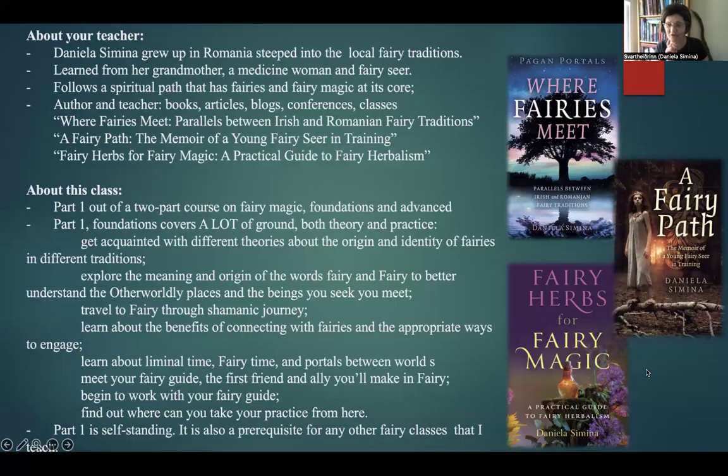I'm probably not doing a great job of describing, but I'm trying my best. And this is Fairy Herbs for Fairy Magic, and it is a compendium, a practical guide to fairy herbalism. So how do we use herbs in a fairy-based personal practice? There's an upcoming class which is actually based on this book.